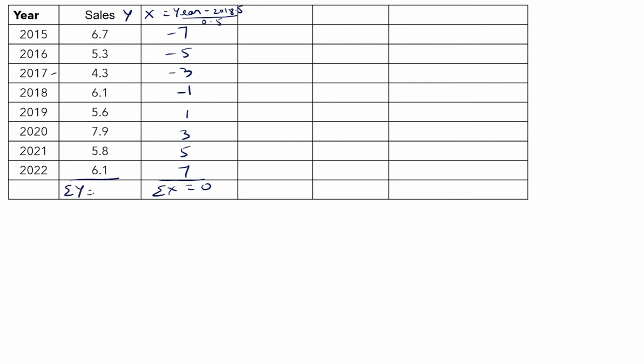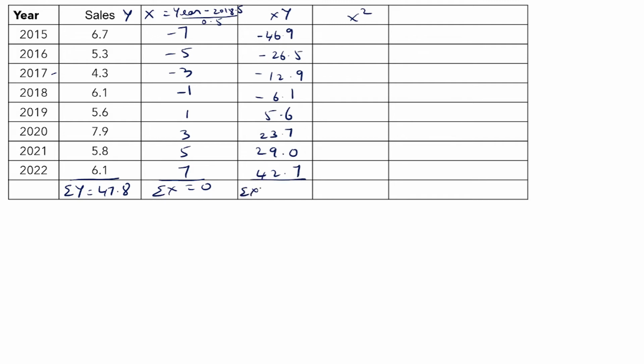Here summation y, when we add all these, we get 47.8. And then we need to have xy and x square. Xy is product of these two. So when we multiply x and y, we get minus 46.9, then minus 26.5, then minus 12.9, minus 6.1, 5.6, then 23.7, then 29.0, then 42.7.